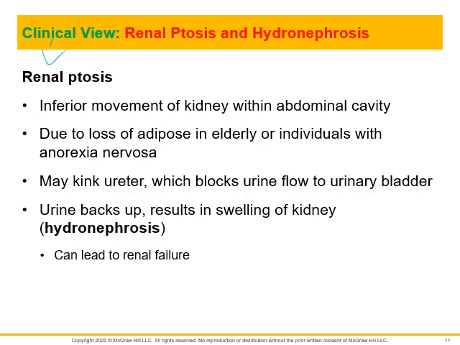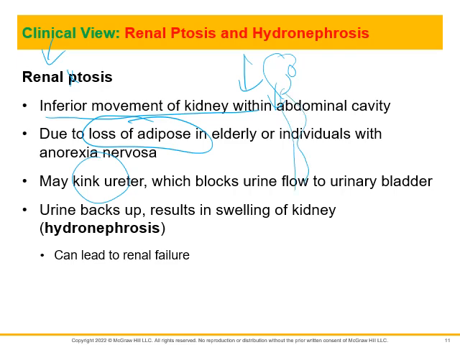In this clinical view, we're looking at what happens if the kidney moves inferiorly. So if something's wrong with the connective tissue, if you happen to lose a lot of adipose tissue, you're going to see this renal ptosis. So the P is silent. It causes the kidney to move down inferiorly. It can cause the ureter, remember ureter leading to the bladder, that can kink.